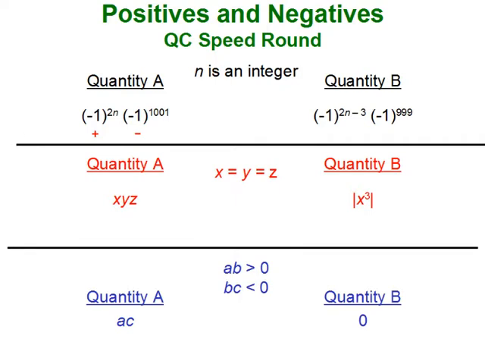For column B, we have 2n, which is definitely going to be even, minus 3. Anytime you have an even number and you subtract 3, you are always going to have an odd solution. Negative number raised to an odd exponent, negative number.